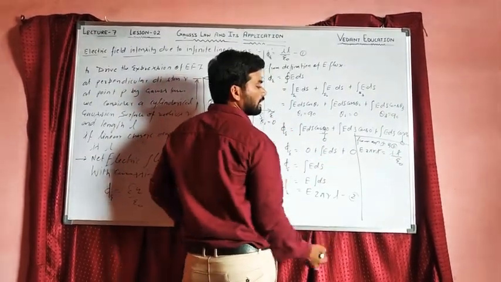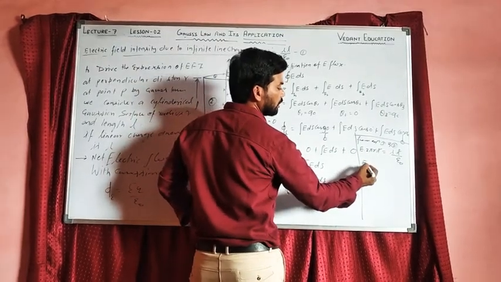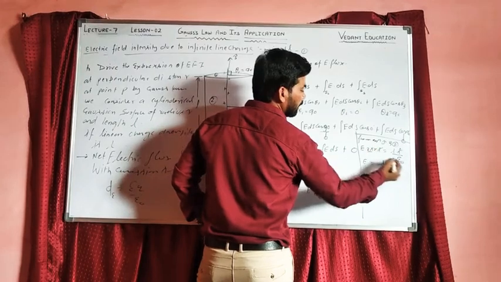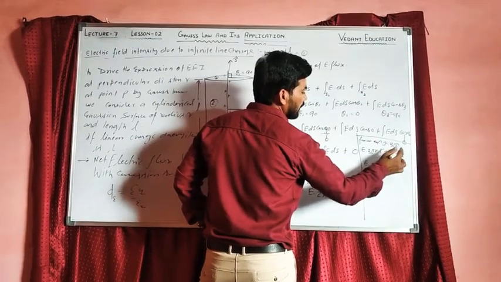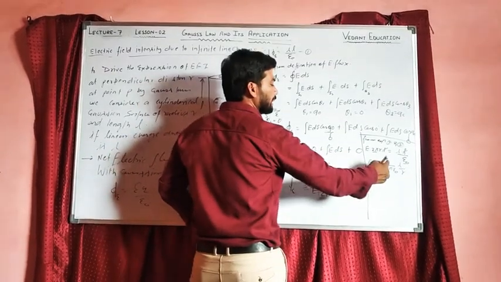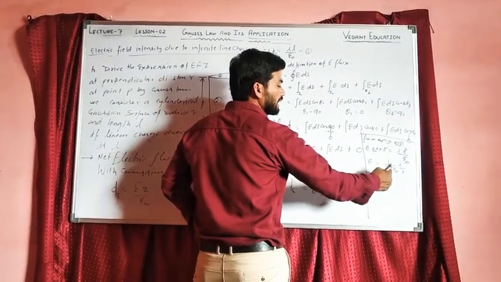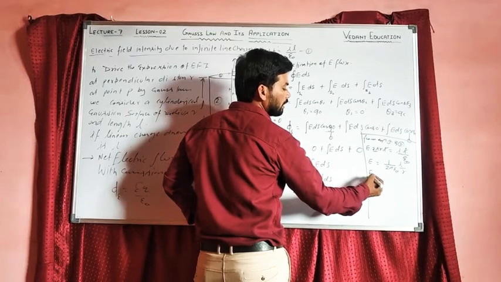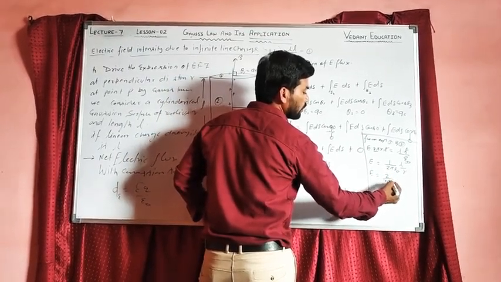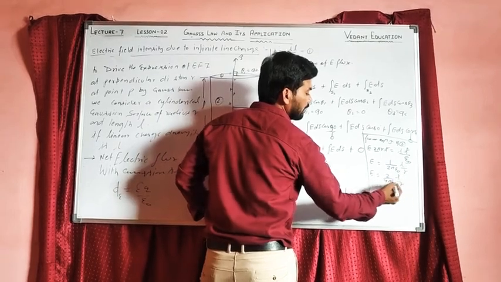L cancelled out, E equal to 1 over 2 pi epsilon 0 lambda by R. By multiplying 2 in numerator and denominator, E equals 2 over 4 pi epsilon 0 lambda by R.